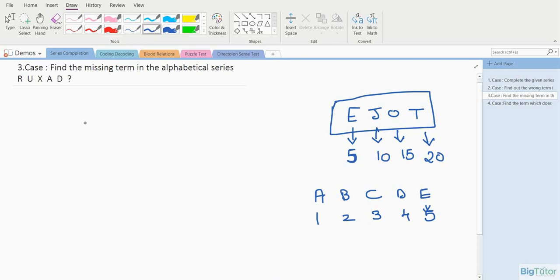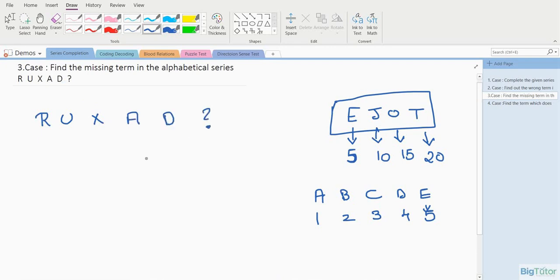So now let's start solving this problem. The series given to us is R, U, X, A, D and then a question mark. Now our job is to find out the missing term that is represented by this question mark. So let me write down the series first: R, U, X, A, D and then the question mark.